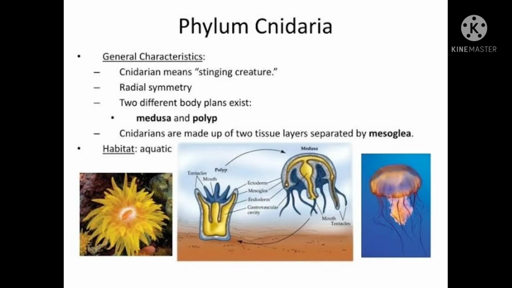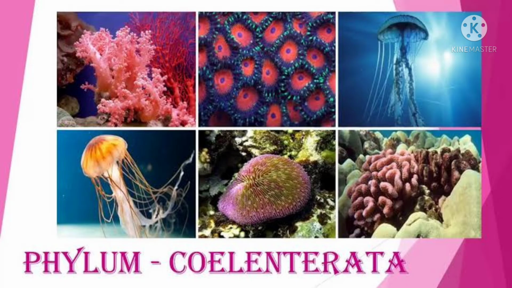The next phylum is Coelenterata, also known as Cnidaria. It is known as Cnidaria due to the presence of stinging cells within their body. These animals living in water show more body design differentiation. There is a cavity in the body. The body is made of two layers of cells.